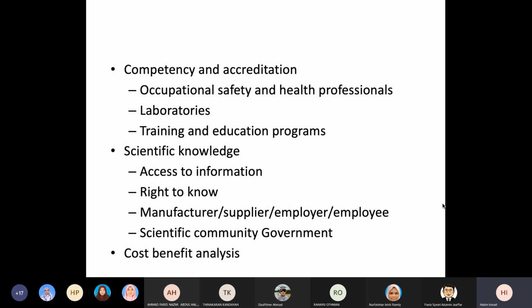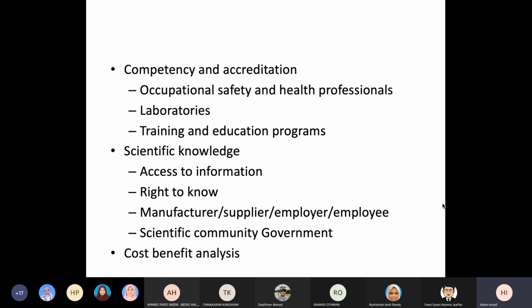In relation to occupational health, it is very important that you know we have DOSH, right? DOSH is the body that accredits or provides the license and ensures competency of all occupational health and safety practitioners.